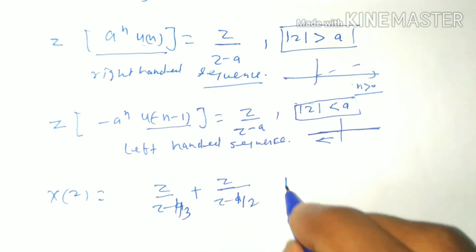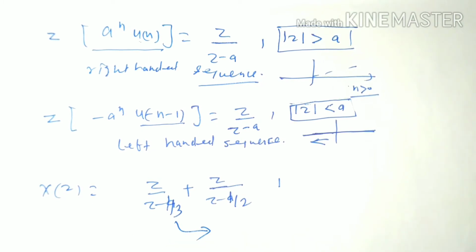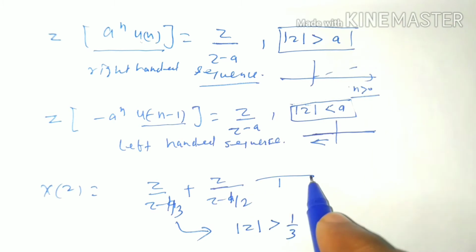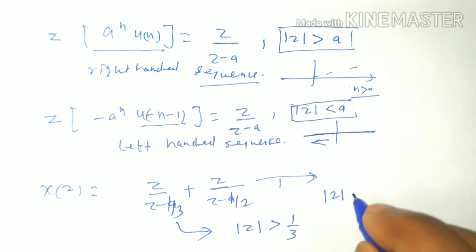For this Z transform, the first term comes from a right handed sequence, so its ROC will be modulus of Z greater than 1 by 3, and the ROC of the other term will be modulus of Z less than 1 by 2.